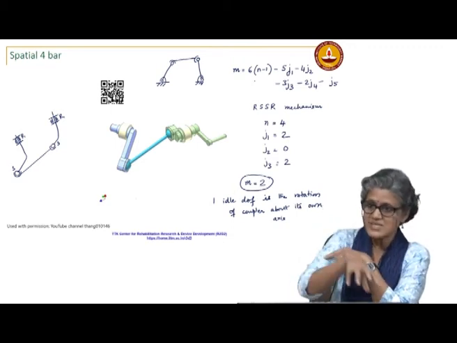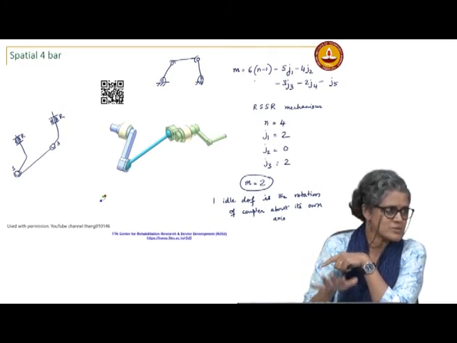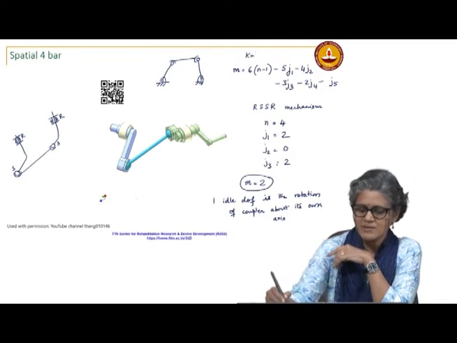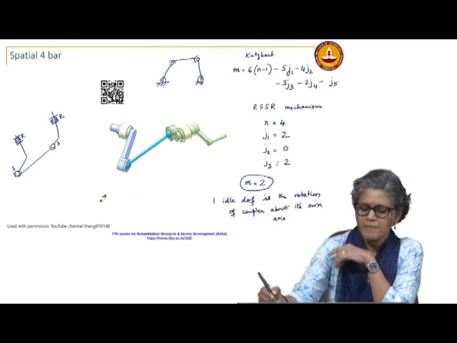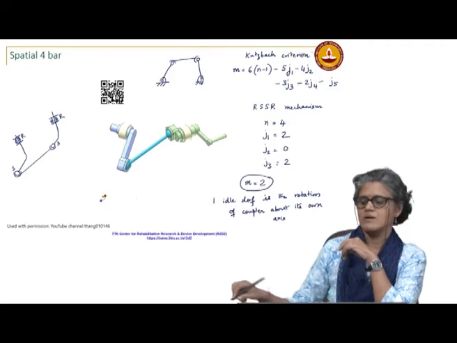It is the same constraint applied to all 4 joints when you restrict it to the plane. So, you do not apply this criterion, the spatial mobility criterion, to a planar mechanism. Good question.